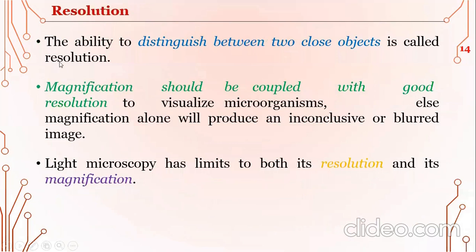Resolution is the ability to distinguish between two close objects. If we are able to distinguish between two very similar objects, that means the resolution of our eyes is higher. Magnification should be coupled with good resolution to visualize microorganisms, else magnification alone will produce an inconclusive or blurred image.